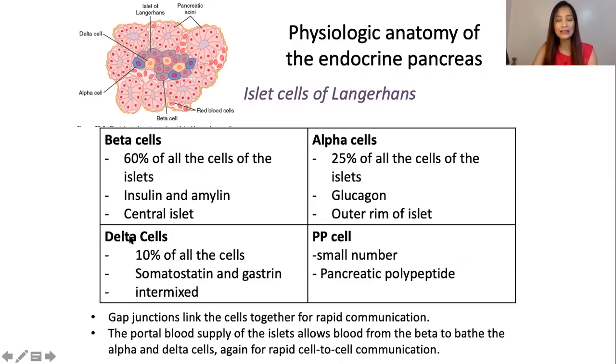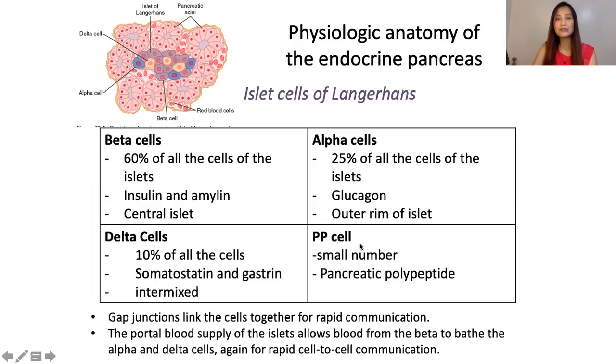Next, you have your delta cells. The delta cells are very few and intermixed within the entire islet, and they secrete your somatostatin and your gastrin. And lastly, you have your PP cell, the cell that secretes your pancreatic polypeptide.